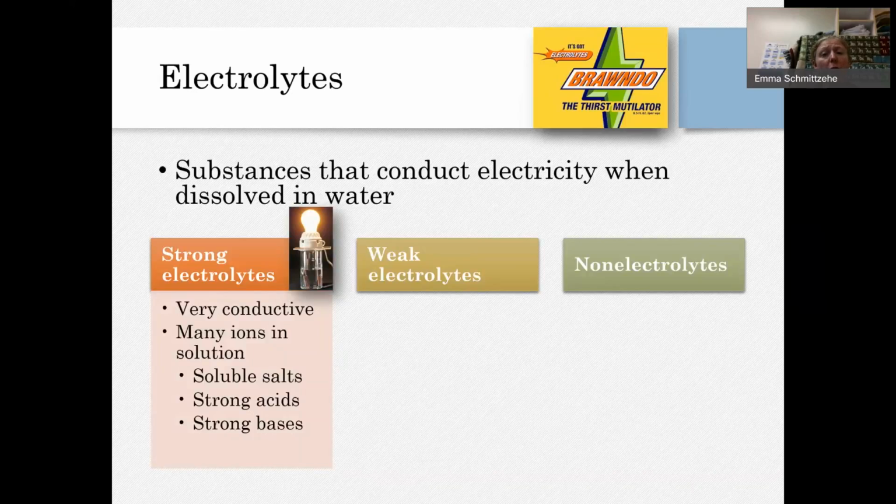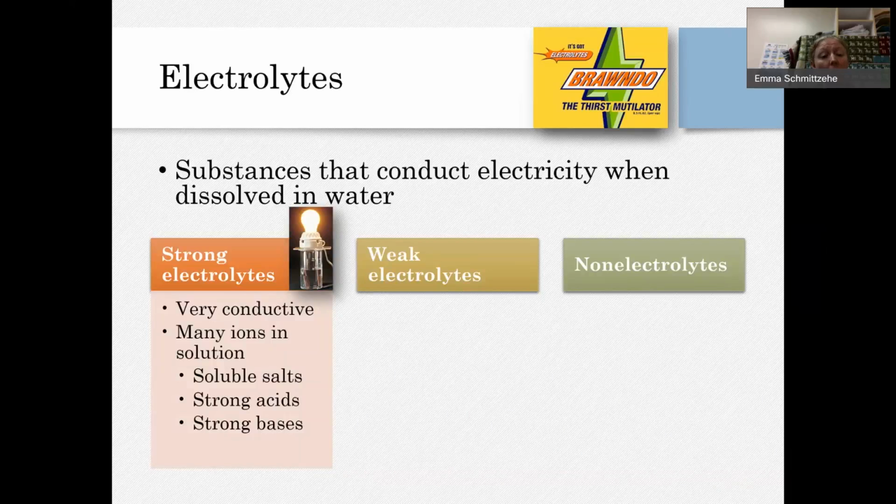And it's helpful to be able to predict whether or not a substance will behave as a strong or weak electrolyte or even a non-electrolyte when it's put in solution. So I've got a list here of the things that behave as strong electrolytes, and that would include soluble salts, strong acids, and strong bases.